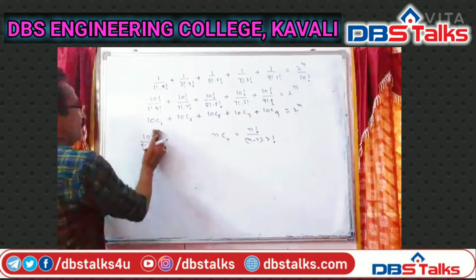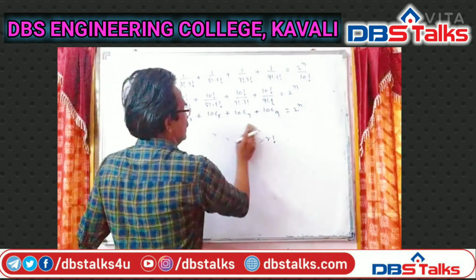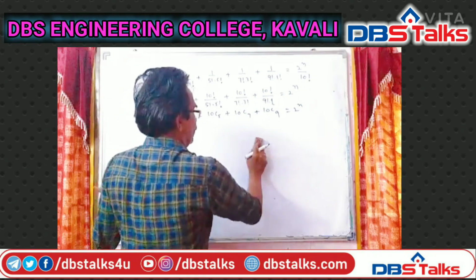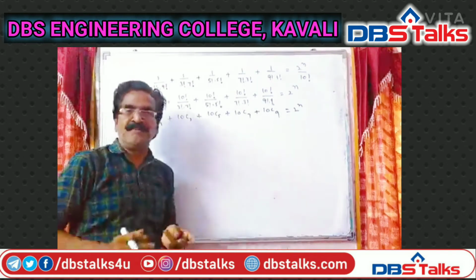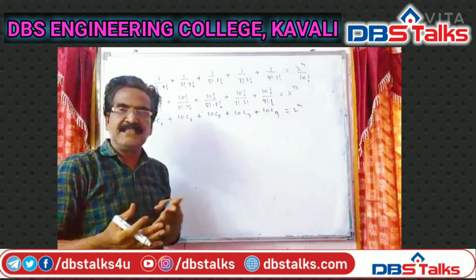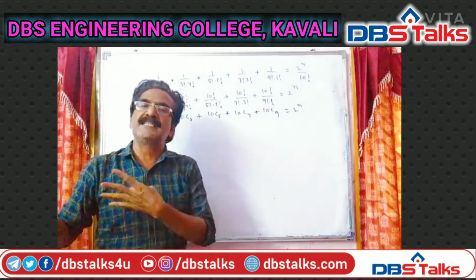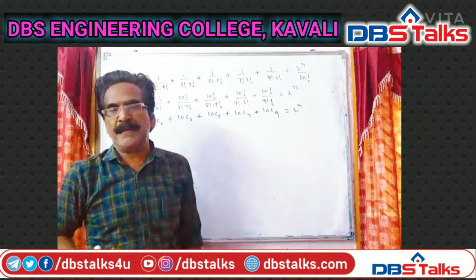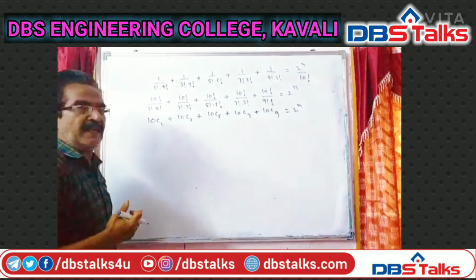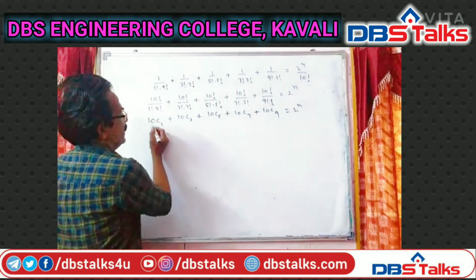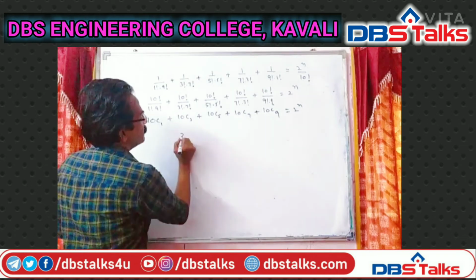Nice, friends. See, the left side is the sum of odd binomial coefficients: nC1 plus nC3 plus nC5 plus nC7. Sum of odd binomial coefficients, you know the formula, 2 power n minus 1. So here n is equal to 10.